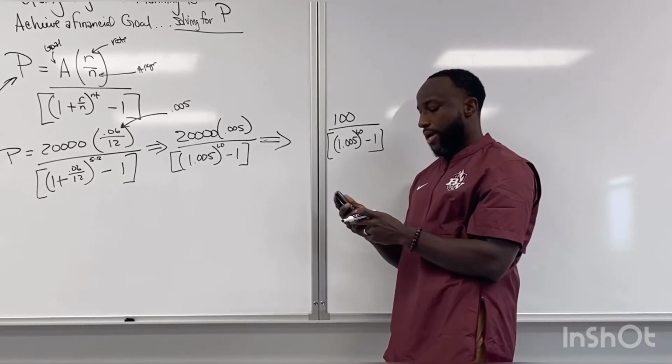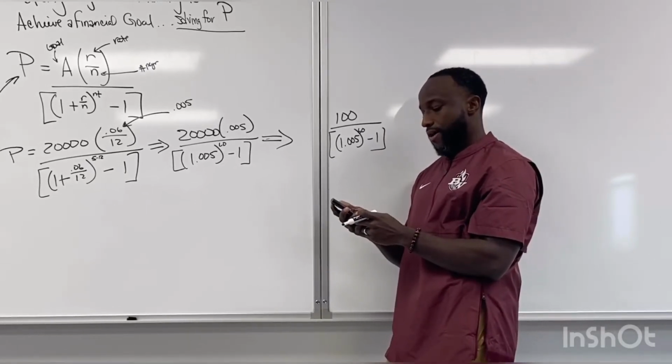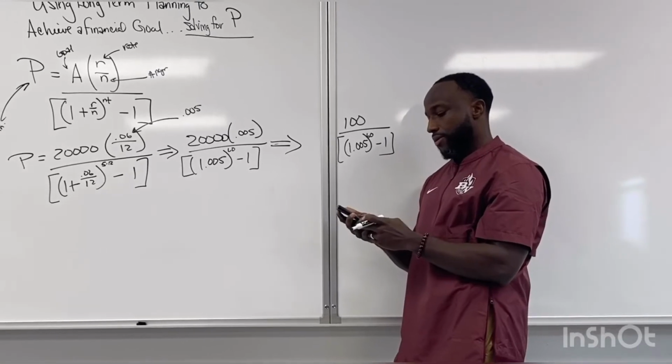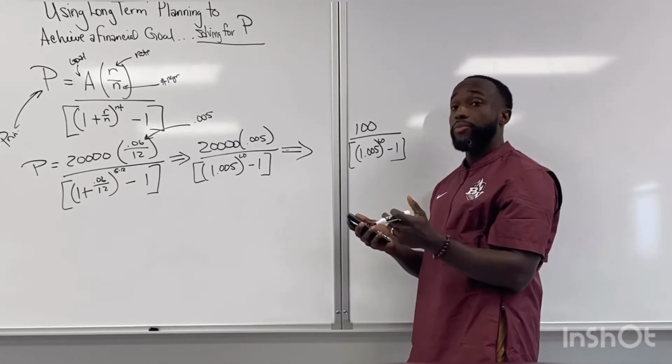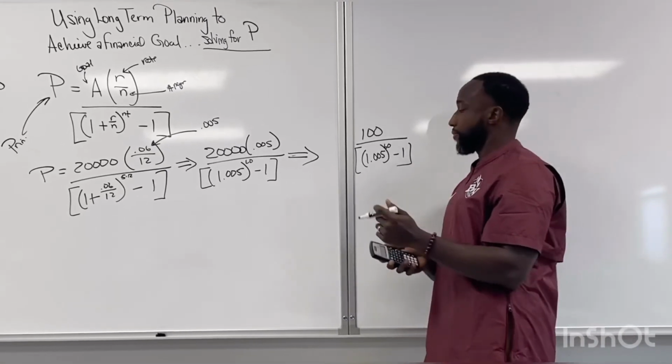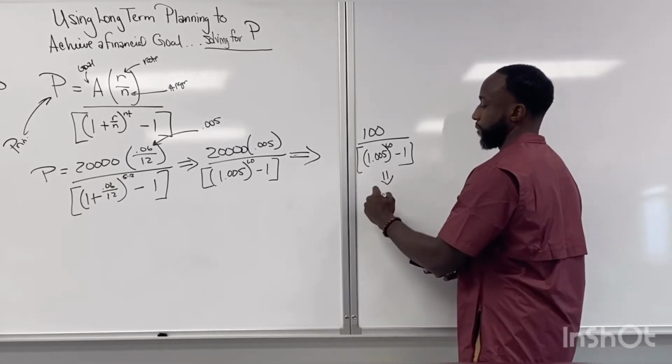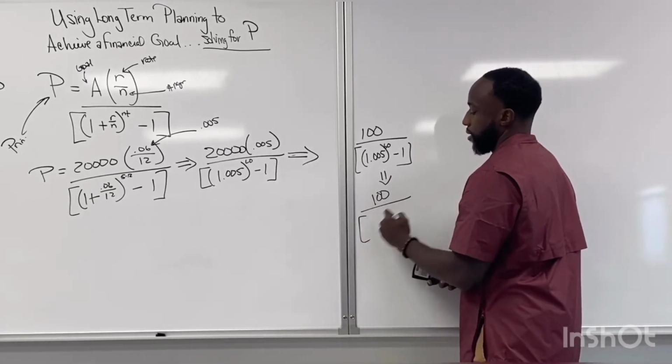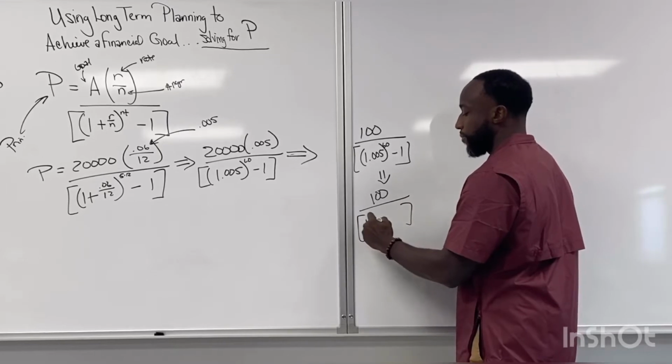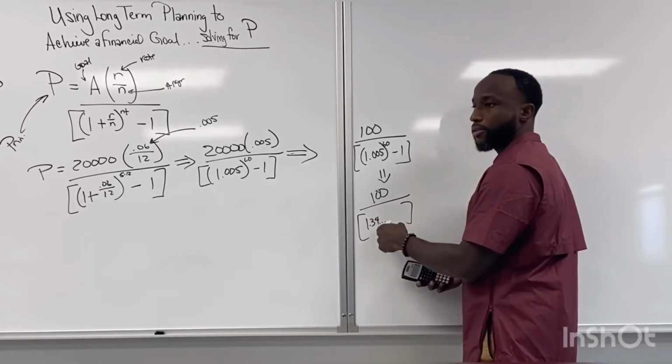So 1.005 to the 60th power gives us 1.34 and some change. Now I want you to make sure that you do not round. Just leave it there.